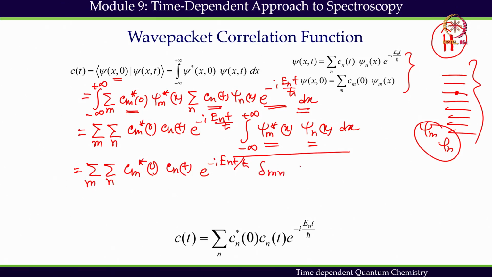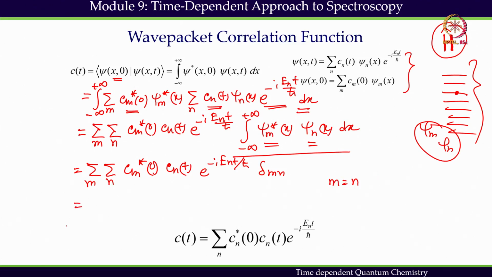And we know that delta mn takes only two values. For m equals n, I will have the value. If m not equals n, then the entire thing will be 0.